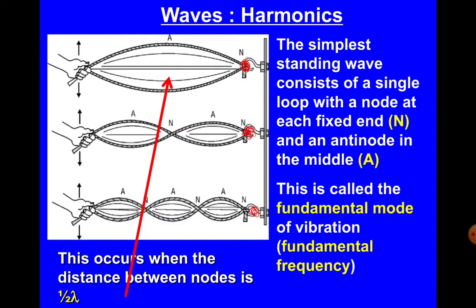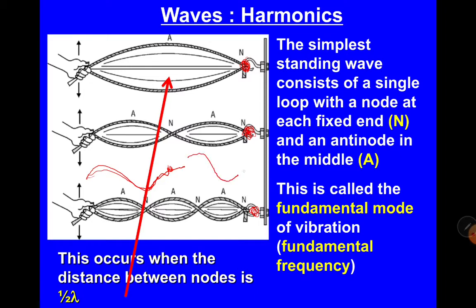Now, this occurs when there's a distance of half lambda. Think about one complete wave, like this. Okay, one complete wave. Now we see that this is half of the wave. I didn't draw this correctly, but try to do it better.